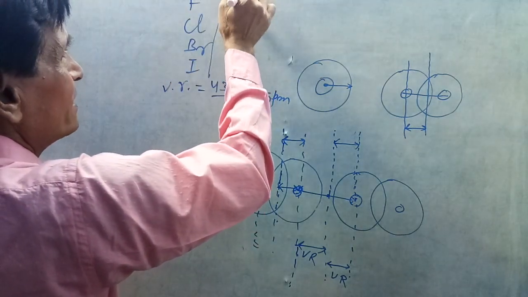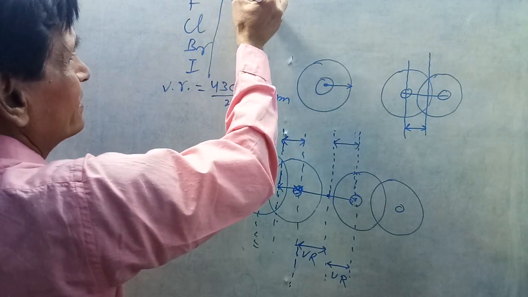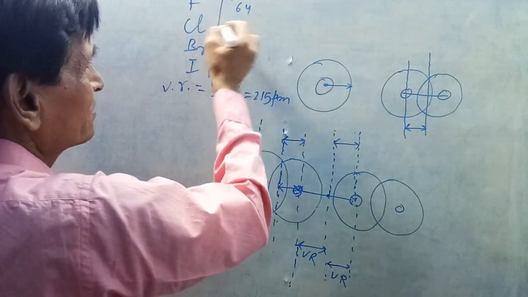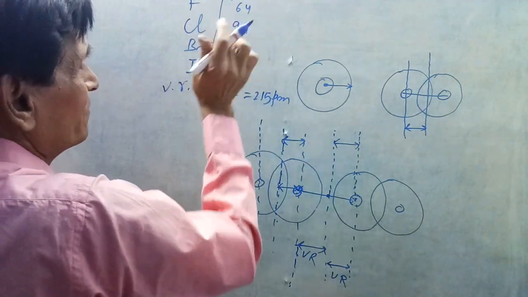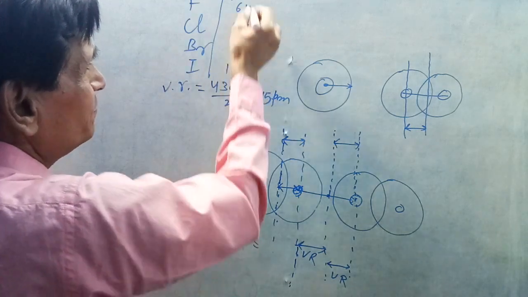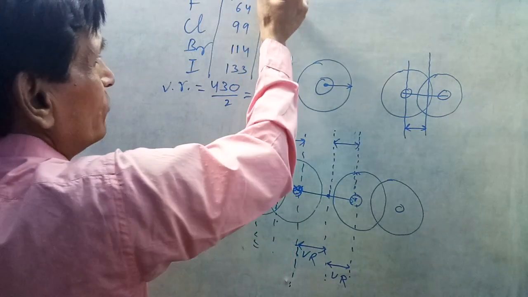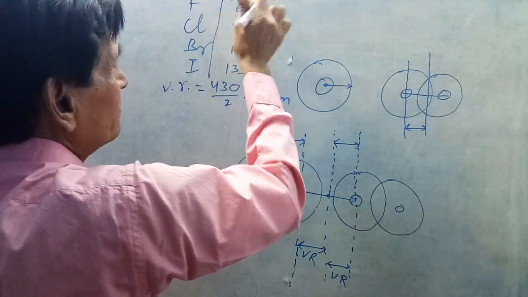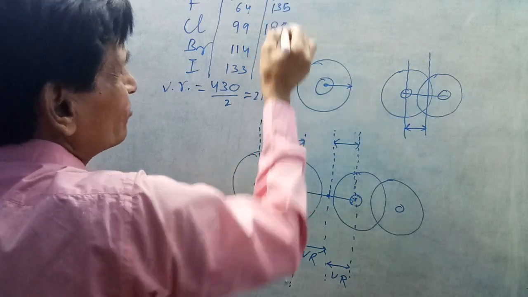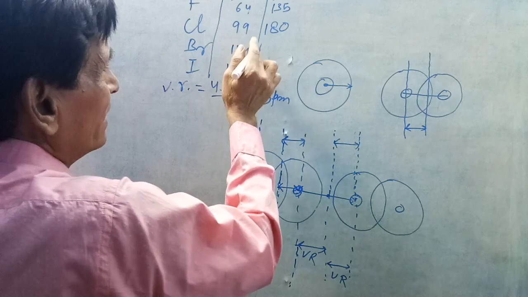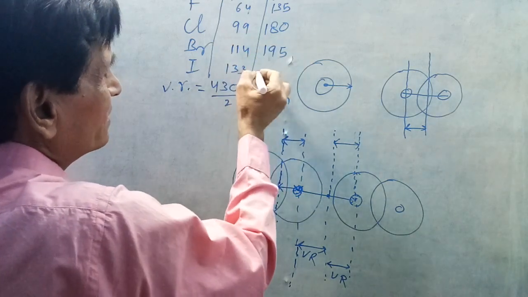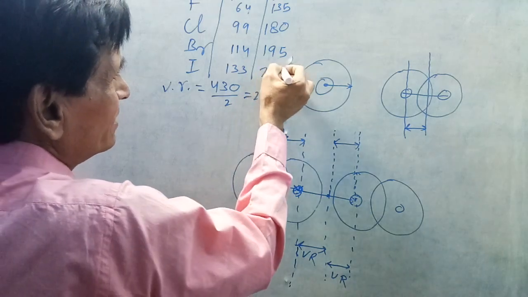Their covalent radius in picometer, I have told you: fluorine 64, sometimes 72, chlorine 99, bromine 114, iodine 133 picometer. But their van der Waals radius in picometer comes 135 picometer, 180 or 181 picometer, bromine around 195 picometer, and iodine, as you just calculated, 215 picometer.